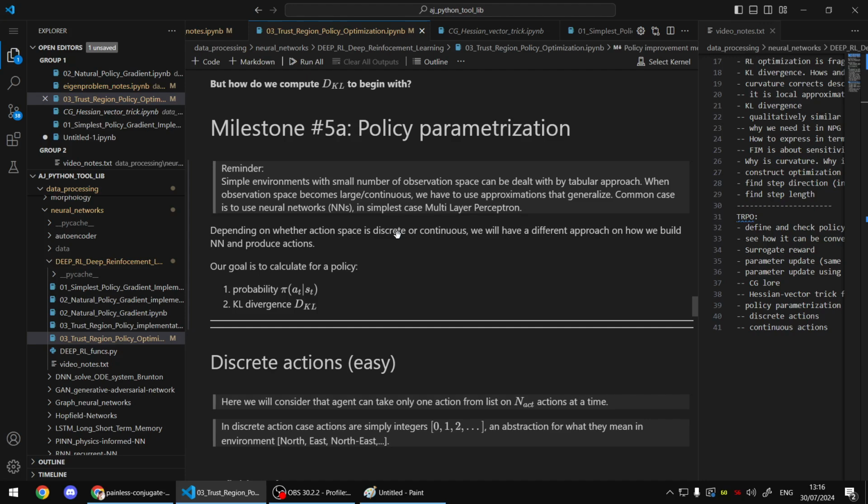In the simplest case it will be a multi-layer perceptron, but then the question is, what would be the input and the output? And the input, of course, will be just the state, because we want probabilities of some actions given some state.